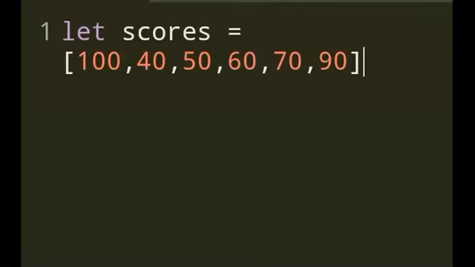So this is an array of scores, or marks, whatever you call it. Then let's consider another array. Let's call it let poorScores.